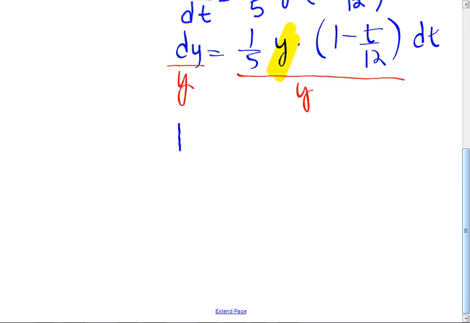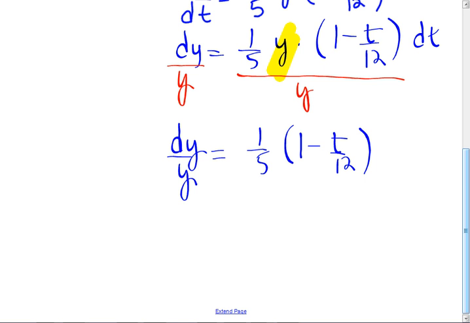Okay, so this is dy over y equals 1/5 times 1 minus t over 12 dt. Because you want y's over there, if you get the y's on one side, you're best off. And then somebody said to integrate.